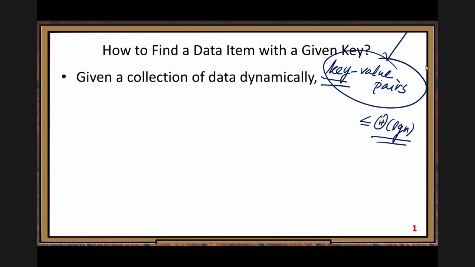For the question, what is the form of the value? Because when we think about a value, we can consider the general case. The general case value, you can imagine, could be object.